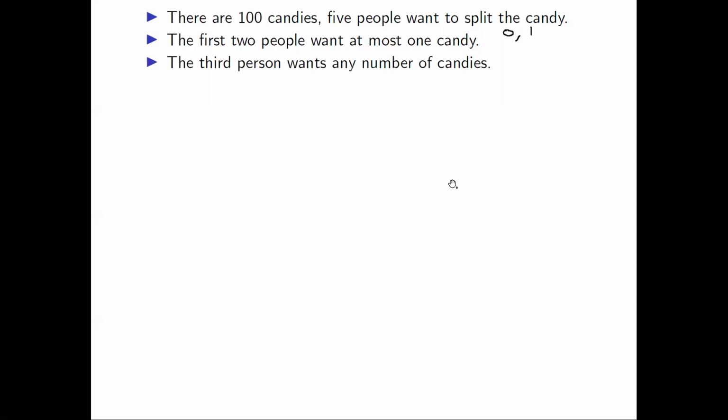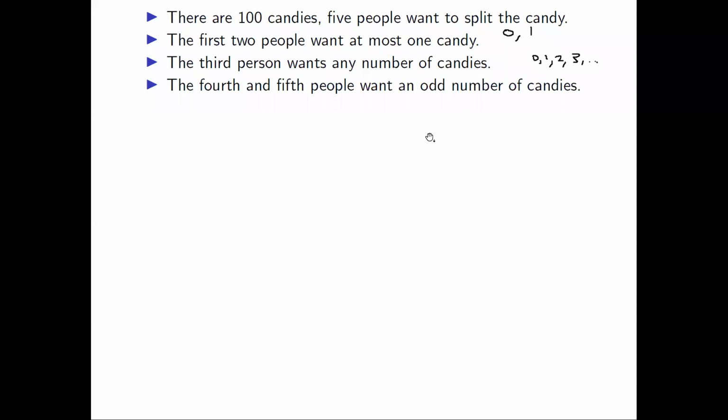The third person is fine with any number of candies. So they're okay with 0, 1, 2, 3, and so on. Finally, the fourth and fifth people both have the same rules. They want an odd number of candies. What does that mean? Well, their number of candies needs to be 1, 3, 5, 7, and so on.